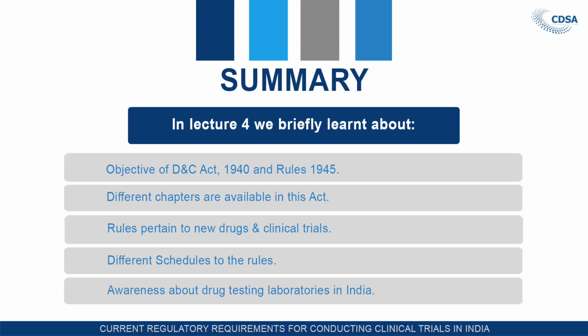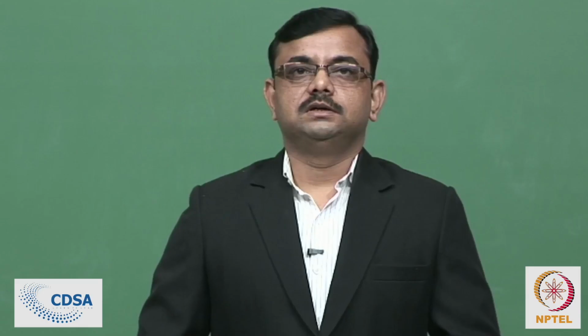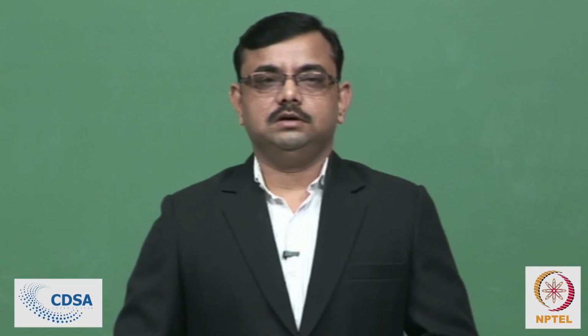We have seen the different schedules available in the rules, that is Schedule A to Schedule Y. Then we have seen the drug testing laboratories. There are many laboratories at the central level, and they have specific functions related to biological drugs, then IVD and medical devices. We have also seen the different testing laboratories which are available at state level for testing and analysis. So this is all about this lecture.